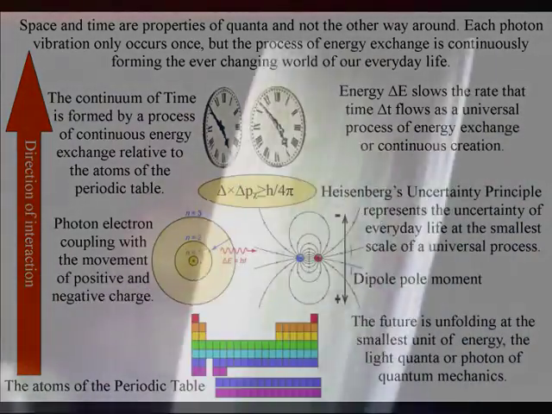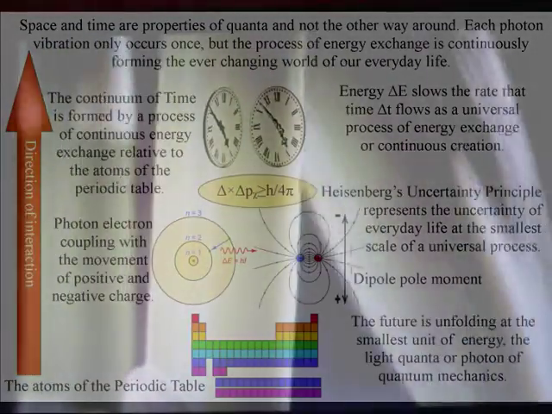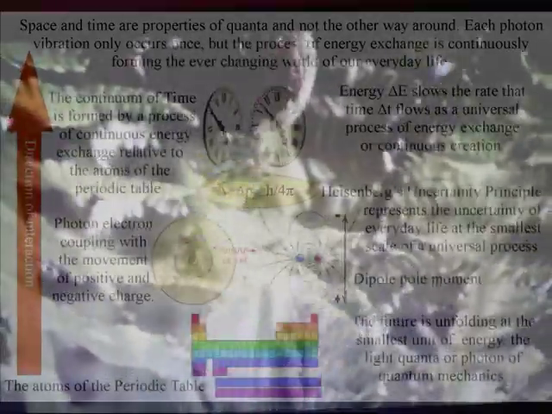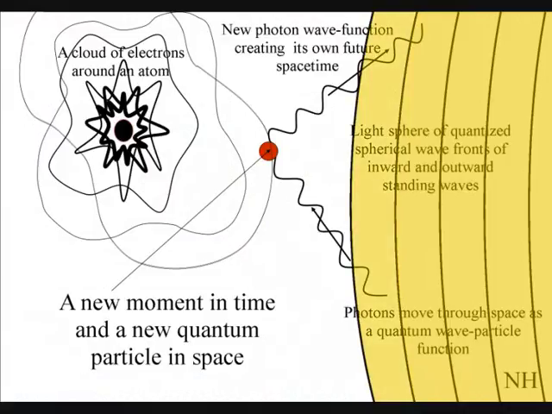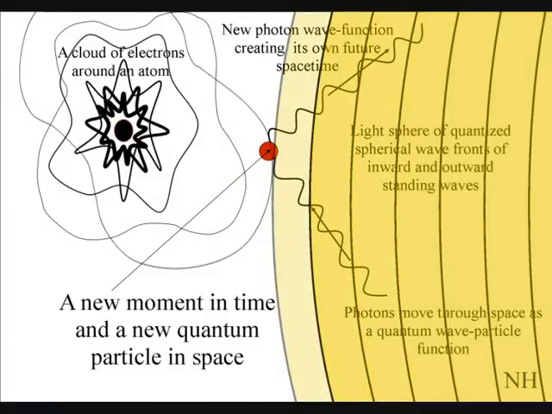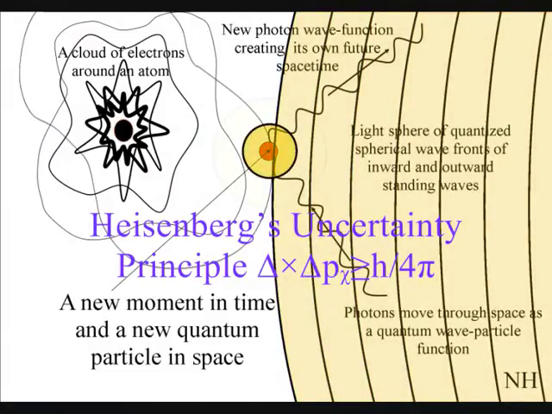Because this process is relative to the electron probability cloud that surrounds each atom, the future is always uncertain, with each photon-electron interaction only occurring once, forming the uncertainty of the ever-changing world of our everyday life.